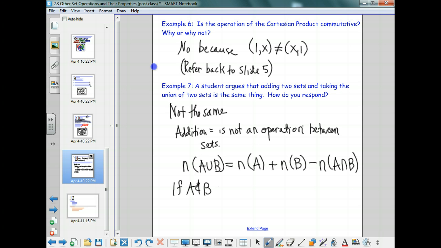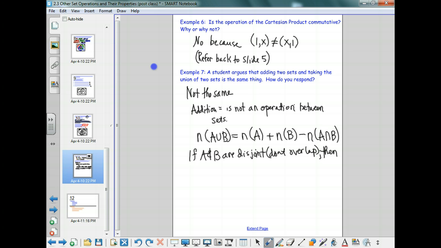Okay. So if A and B are disjoint, that means they don't overlap. Their circles don't overlap, if you're drawing it as a picture. You could also say that the items in the sets themselves don't overlap. But if they don't overlap, then what would the intersection be equal to?